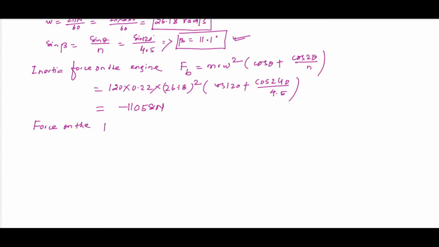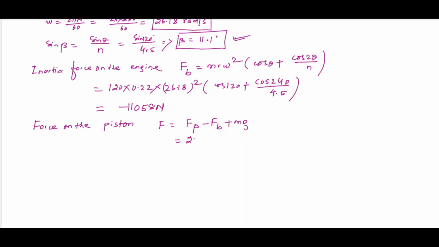Now next is to find out the force on the piston. So the force on the piston F will be equal to force due to gas pressure Fp minus Fb, plus mg, because it is a vertical engine, I told you.